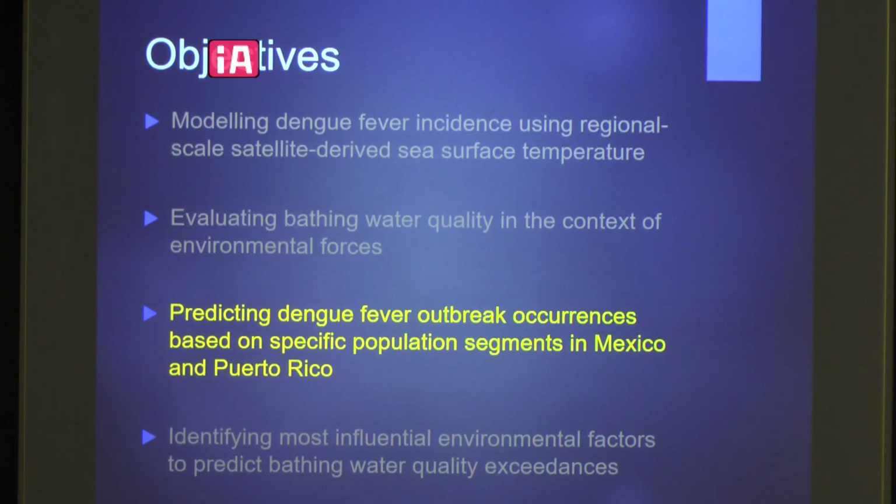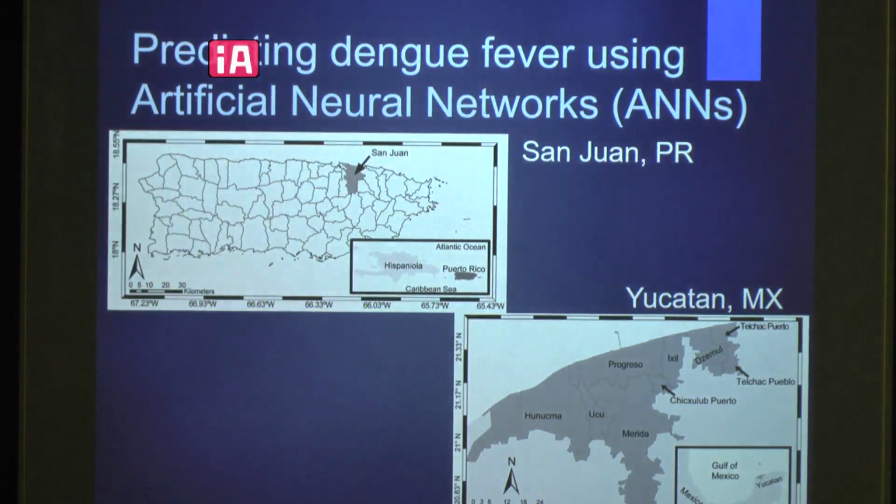For the purpose of the next 2 objectives, I use a predictive model. And for the first one, I look into predicting dengue fever outbreak occurrences based on specific population segments in Mexico and Puerto Rico. In order to do this, the models that I used were artificial neural networks, and this was developed by our collaborators from the University of Exeter, including one of my committee members, Dragan Savic, and one of his students.